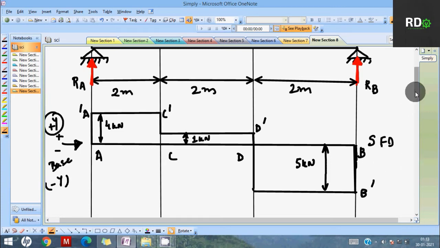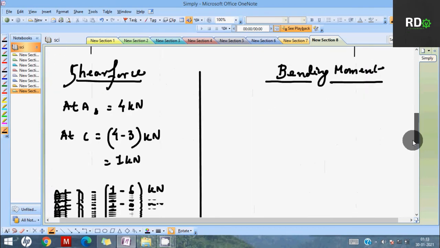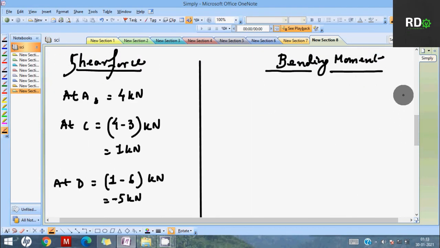Okay, so going back, we have to find the bending moment now. What will be the bending moment at A? There is this RA and there is no distance for it, so it goes like 0. Next is the bending moment at C, after the A point.